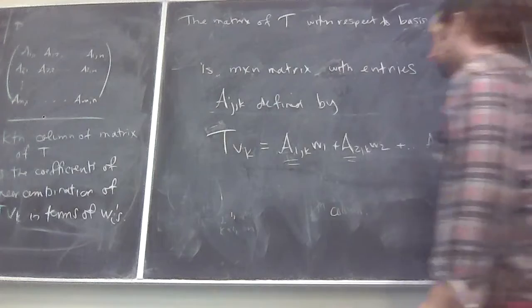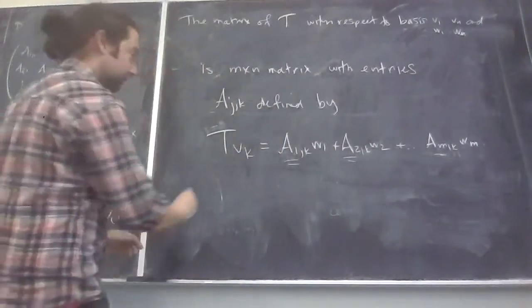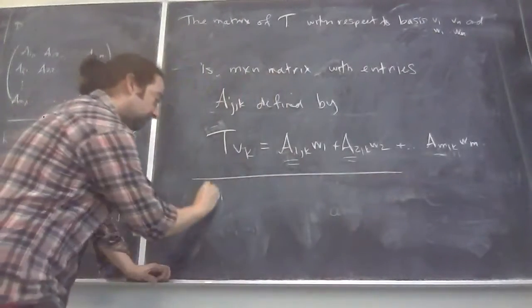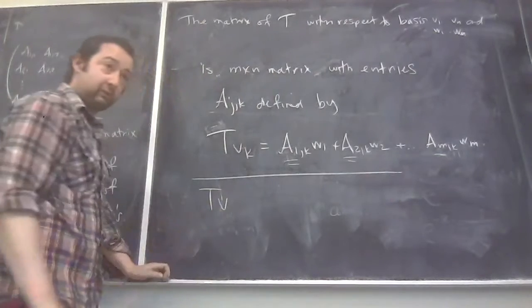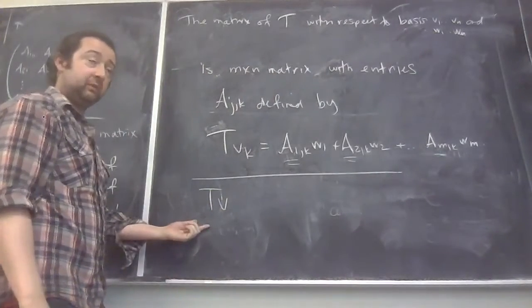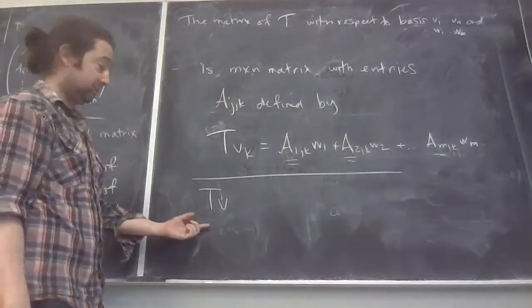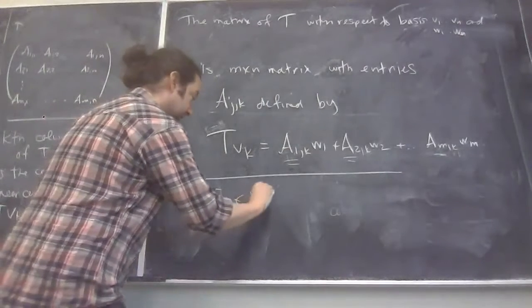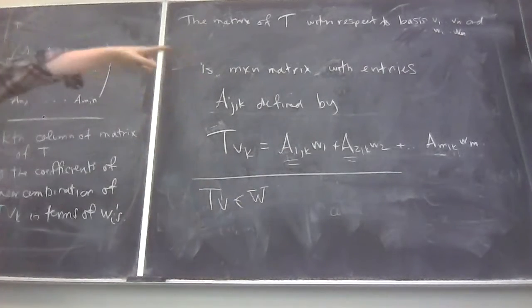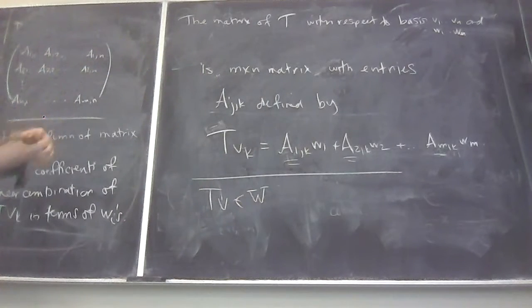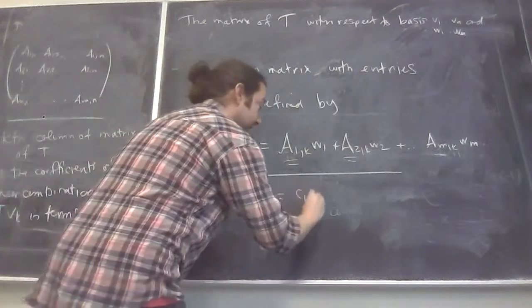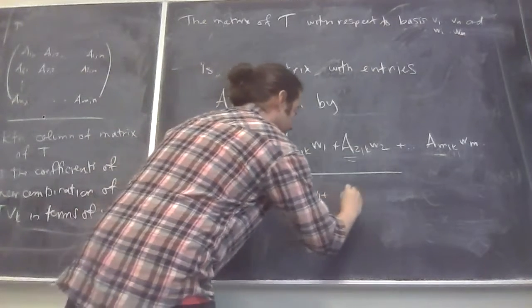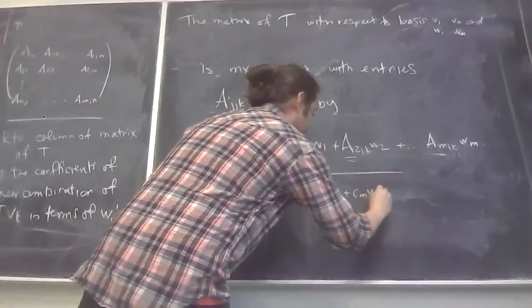Yeah, so what are we actually doing? This is a very good question. We've got some map T, right? Any vector I apply T to is in W. I mean, T of V is an element of W. But W has a basis, W1 through Wm. So every vector in W can be expanded as c1 W1 up to cm Wm.